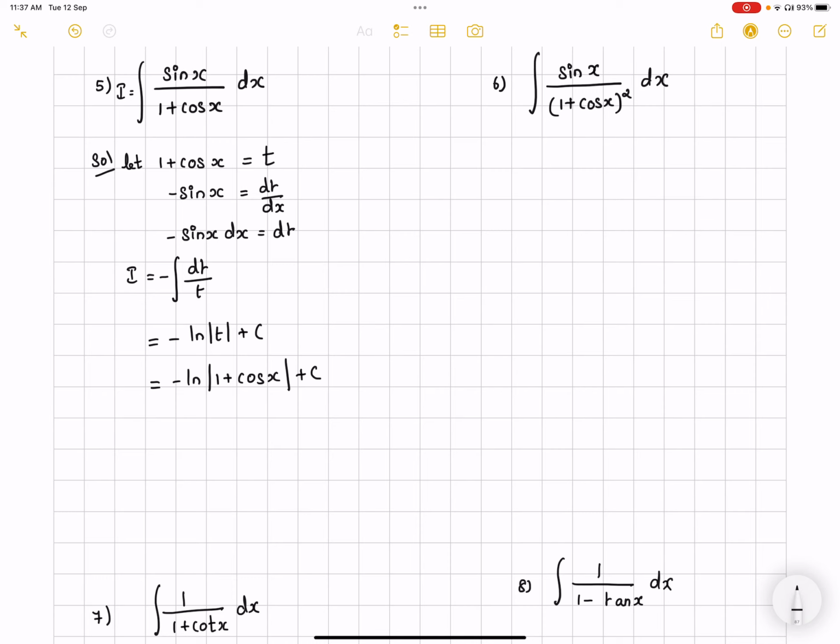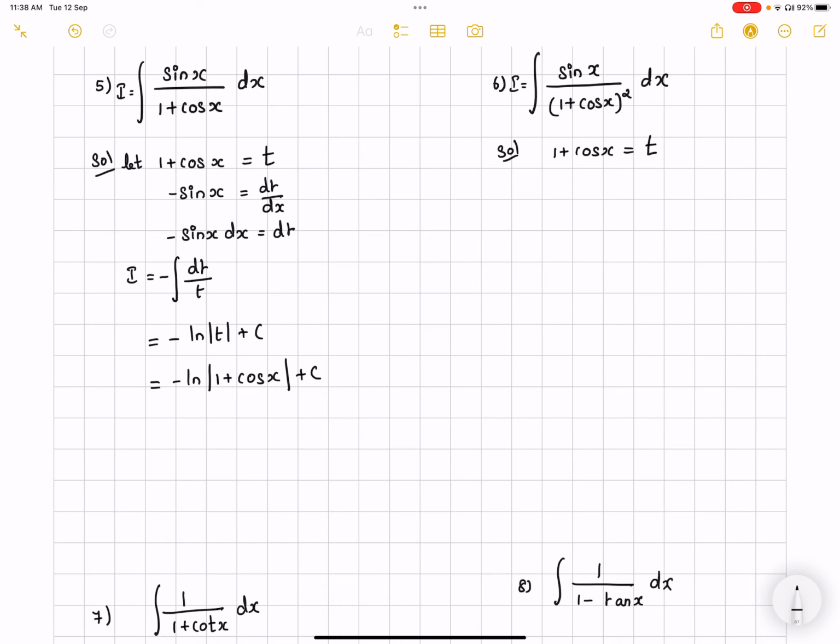Now it's very similar, but we have a whole square. So you would have understood what we would be doing. Which one to consider for substitution? That remains the same. So obviously my denominator, which is 1 plus cos x, is going to be the substitution. I'm not taking the whole square. Don't do that. The inside part of the function alone you take.